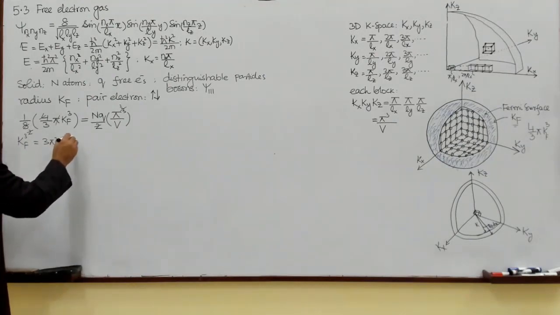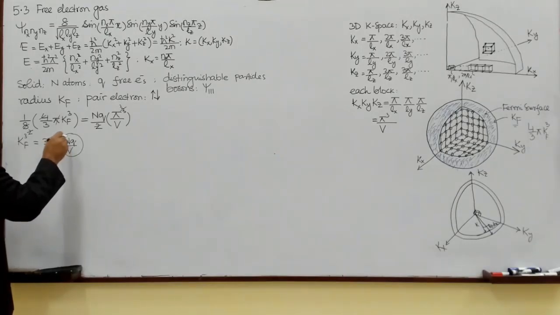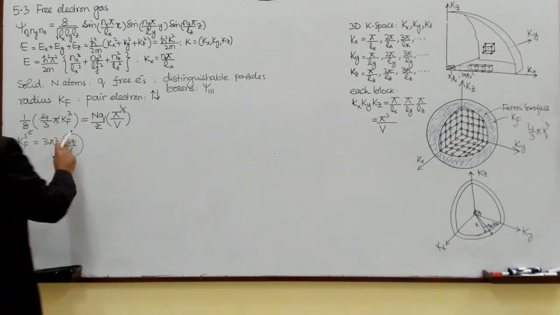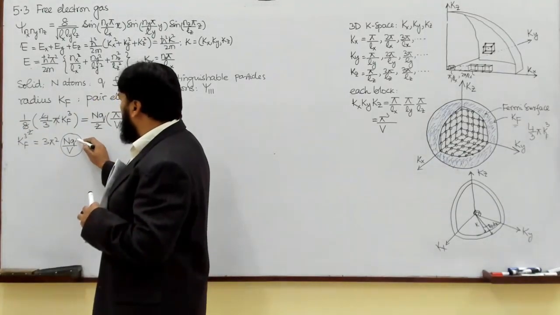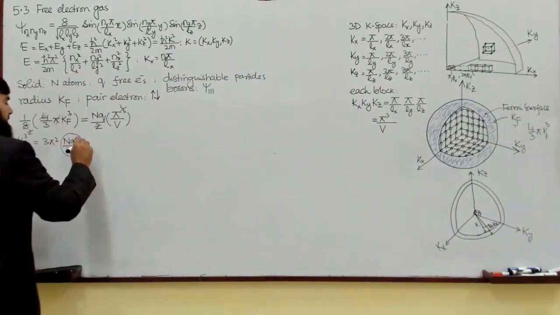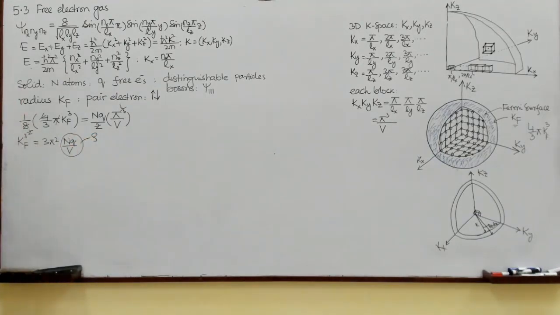Now this nq over v, the number of atoms times the number of free electrons each atom provides, q, per unit volume, is the density of free electrons.